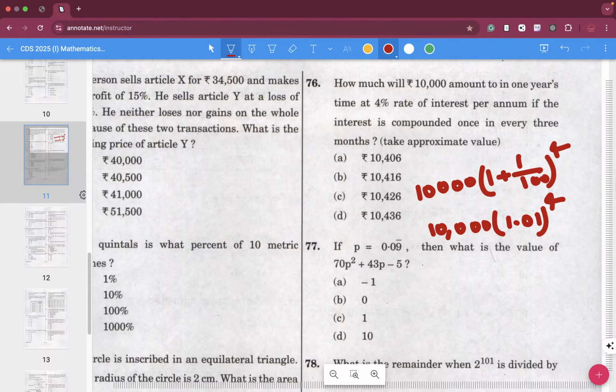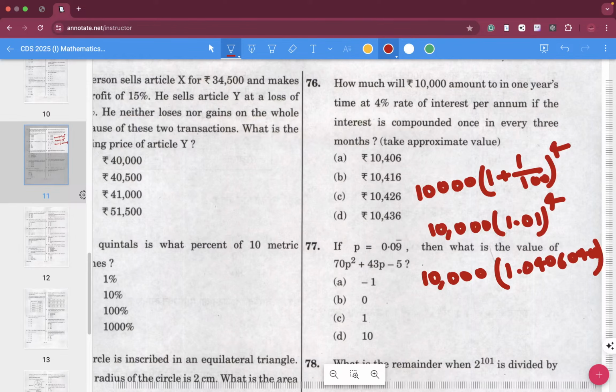So now this value will give you 10,000 into 101 whole square. I have done this calculation already. This value will give you 1.04060401.